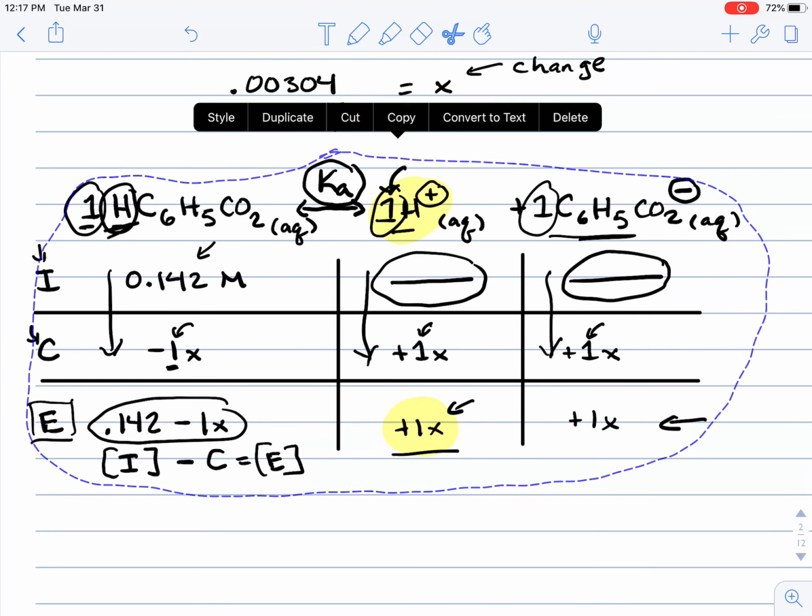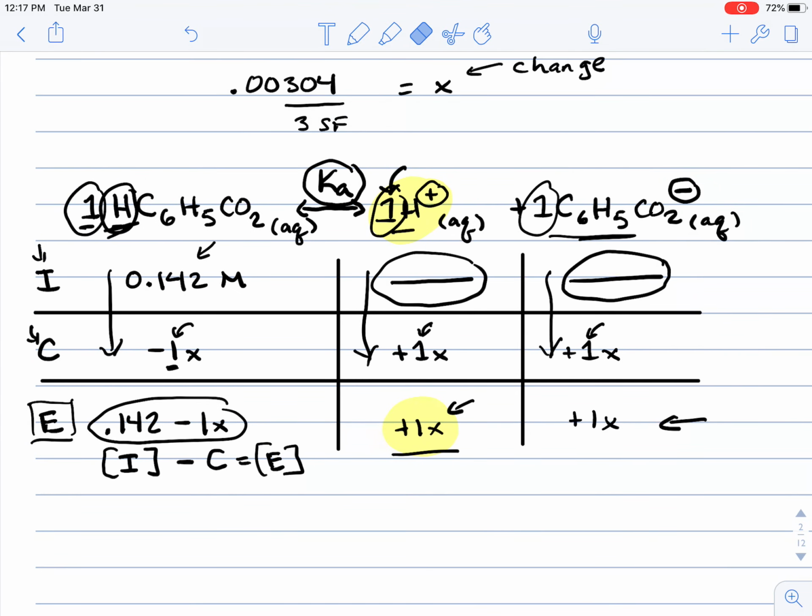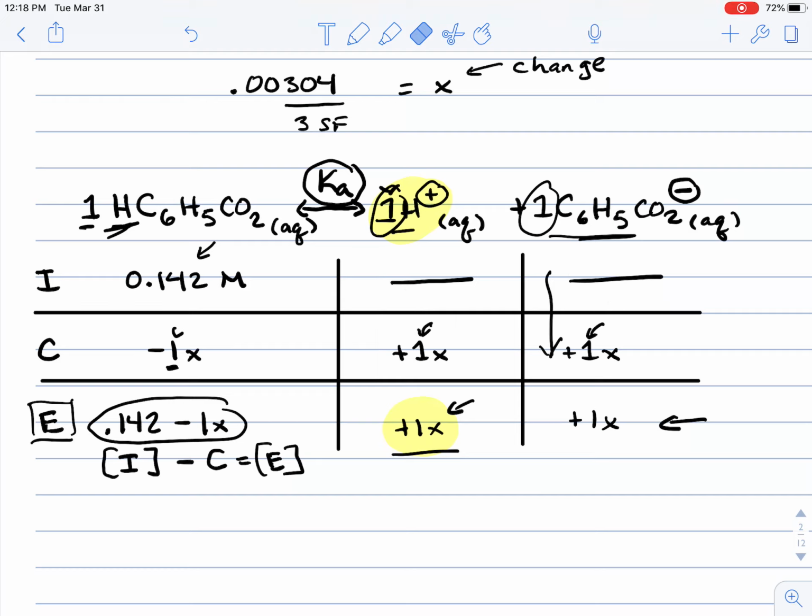I'm going to erase some of this stuff so it's less busy. All right, that looks good enough.